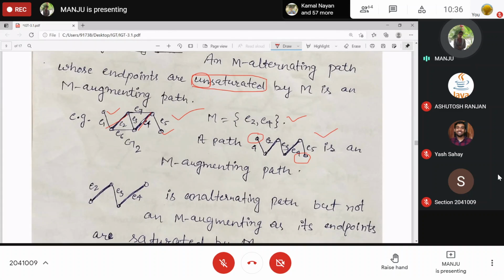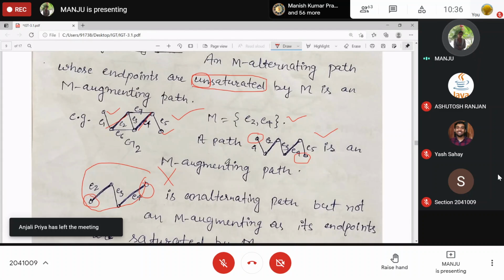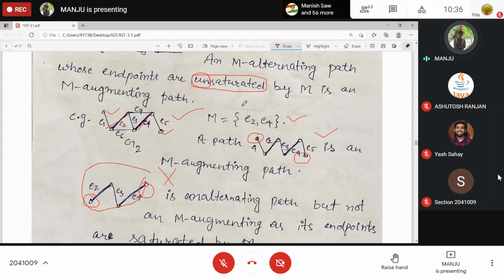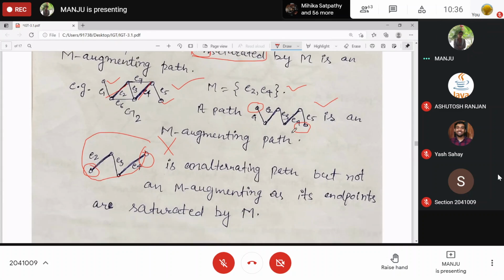If you take E2, E3, E4, this is M alternating but not M augmenting, because the endpoints are saturated by M. We want the endpoints not to be contained in M, but these are incident with the edges of M. Clear?